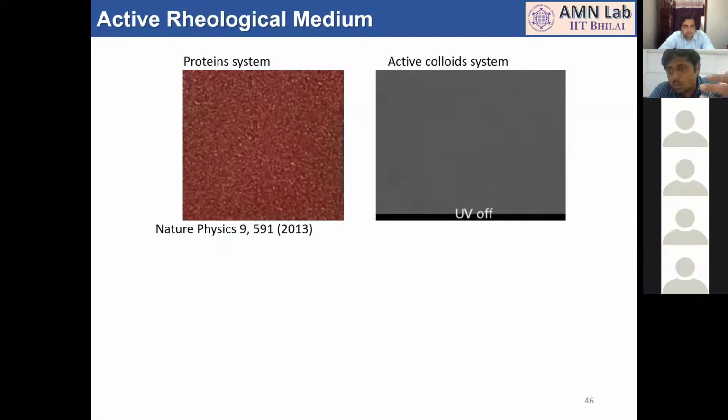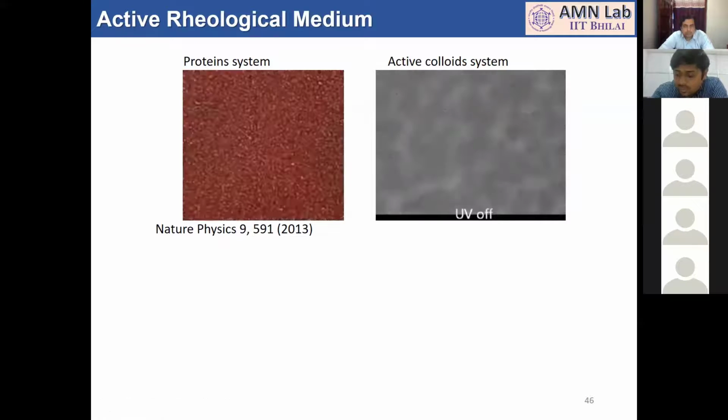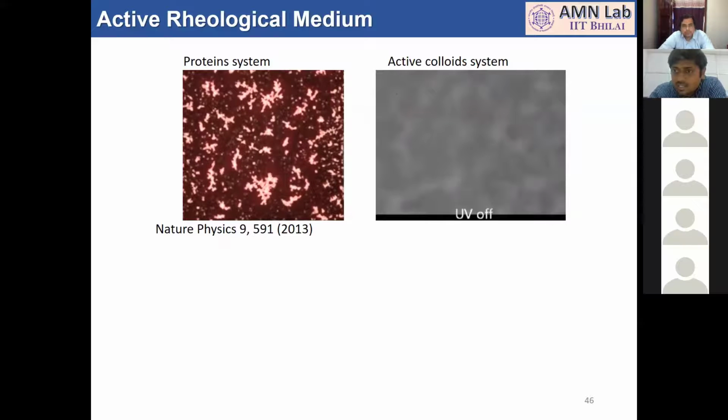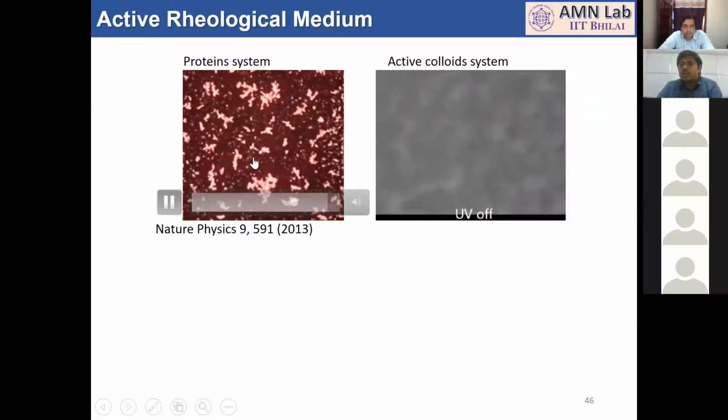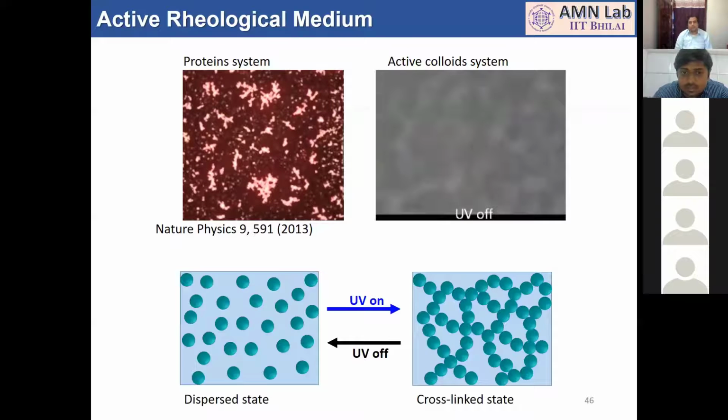It's almost a homogeneous system, because here the light is off, so the nanomotors are not doing anything. But when we turn the light on, the nanomotors start forming the assembly, and they also form a similar cross-linked or gel-like state to what you see in this protein system. So going from a gel-like state in our system too, something like that.